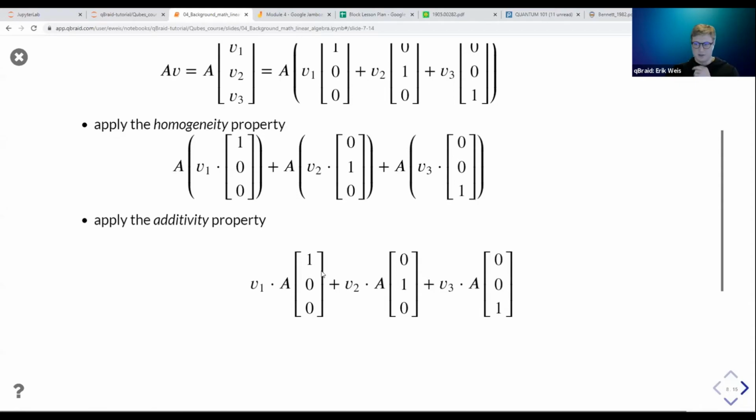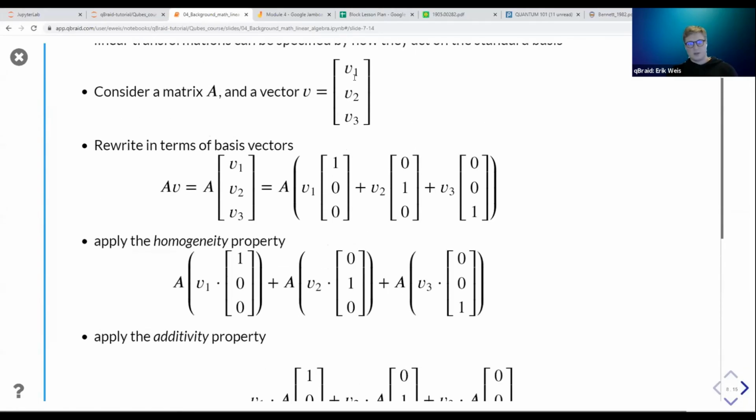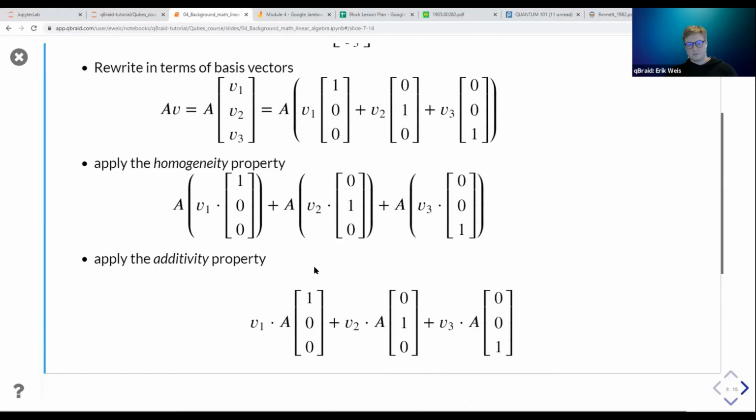A times the basis vector becomes the new way that we build our output vector based on these coefficients V1, V2, and V3. And if this sort of thing looks familiar, we take the elements of our input vector and we're using them as coefficients in a linear combination of vectors. That's because we've seen it before. We talked about it just earlier in the two-dimensional case, and we're using each entry as a linear combination of the basis vectors.